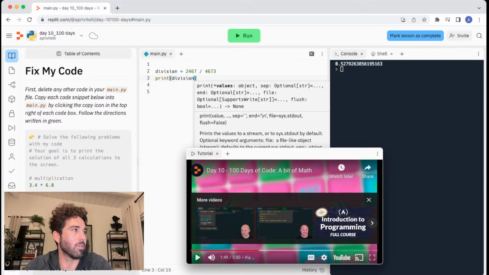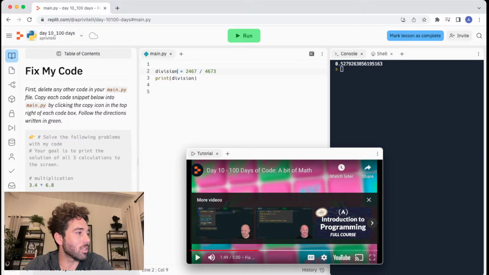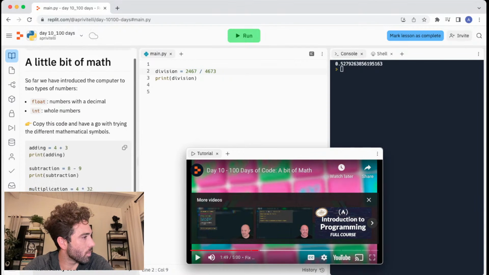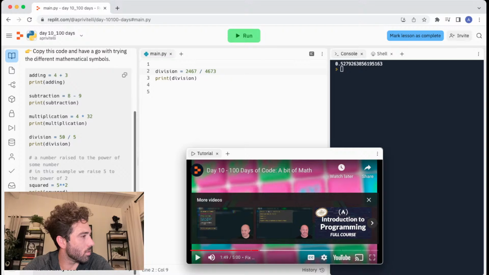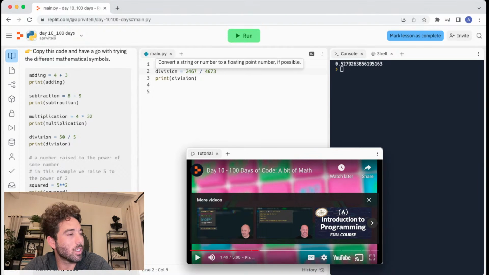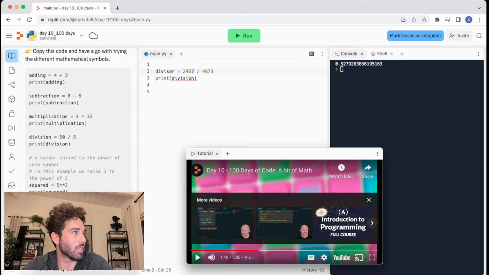Okay, and then if we wanted to do divisor, divisor is a percentage? No, divisor is double 2. What is divisor? Divisor 15 double 2. Okay, so this would be like 7.5, right?